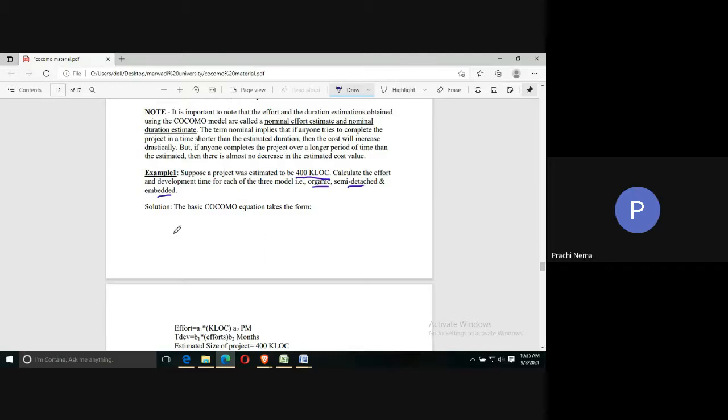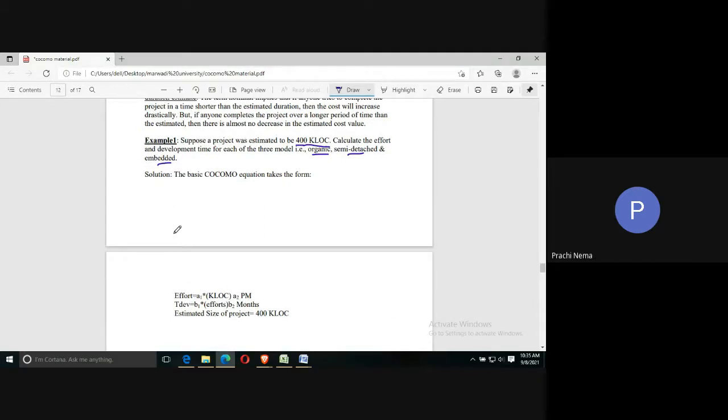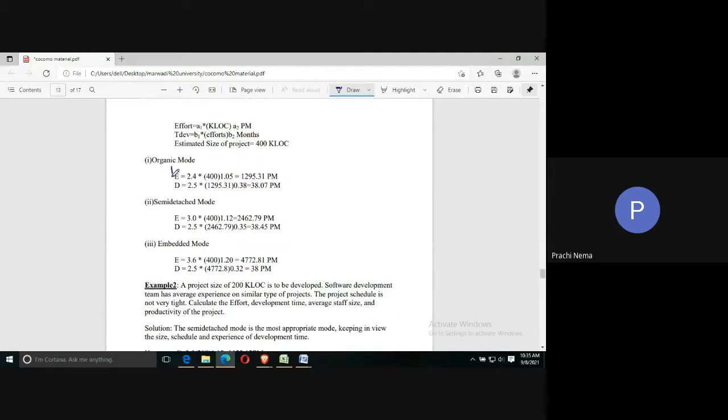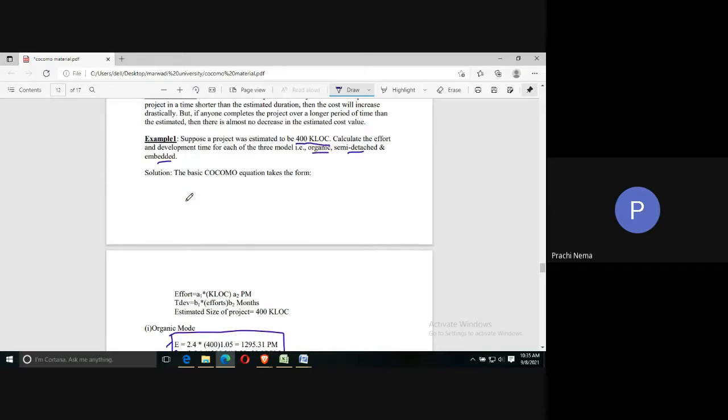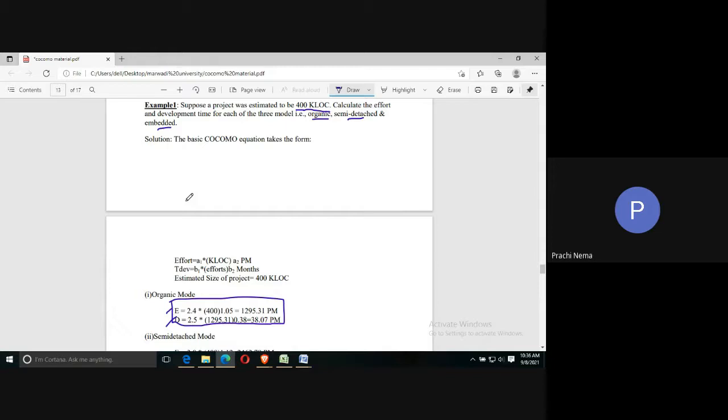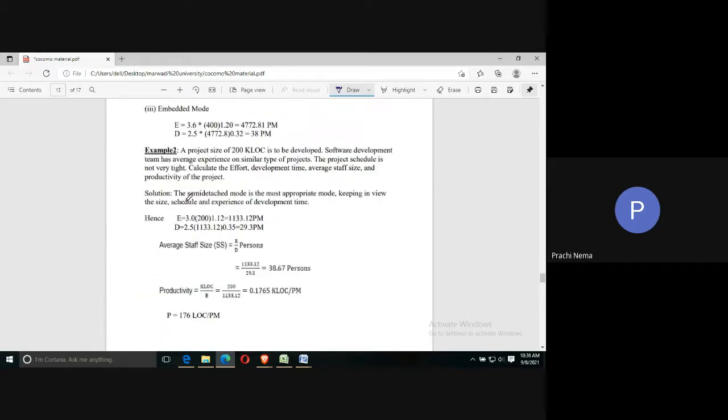You can simply put in the values of A1, A2, B1, B2 and calculate effort and time for your basic COCOMO model. If nothing is written, you can take it as basic. But if complications are given, then you have to decide whether to use the formula of basic, intermediate, or detailed. Okay, so this is how it can be done.